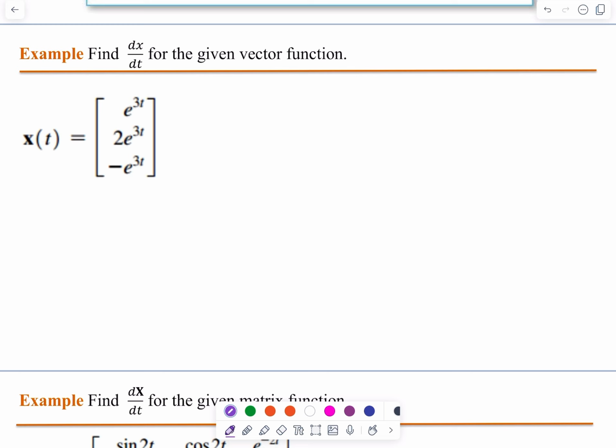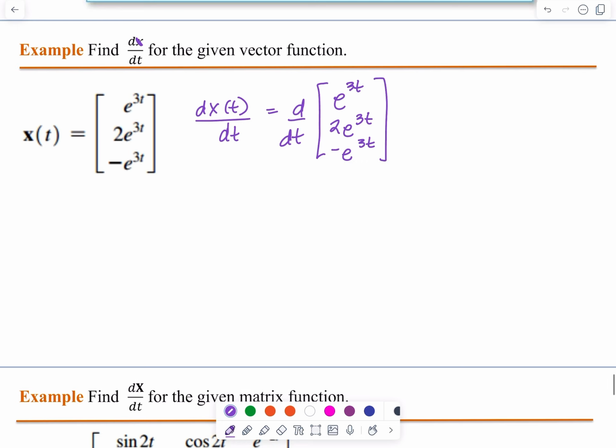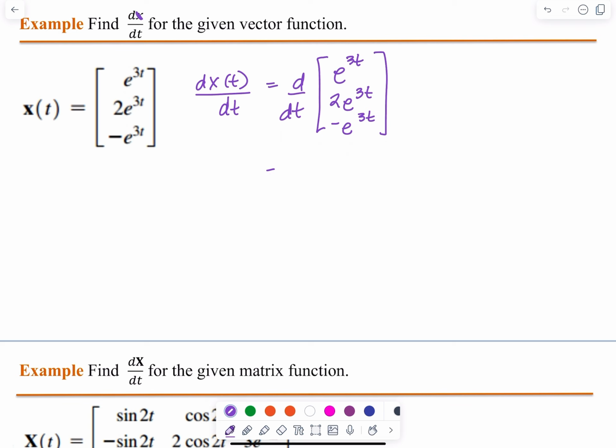Let's jump right in and find dx/dt for this vector function. So we can say dx of t over dt is equal to the derivative with respect to t of this vector, and of course we have the derivative of each individual function.